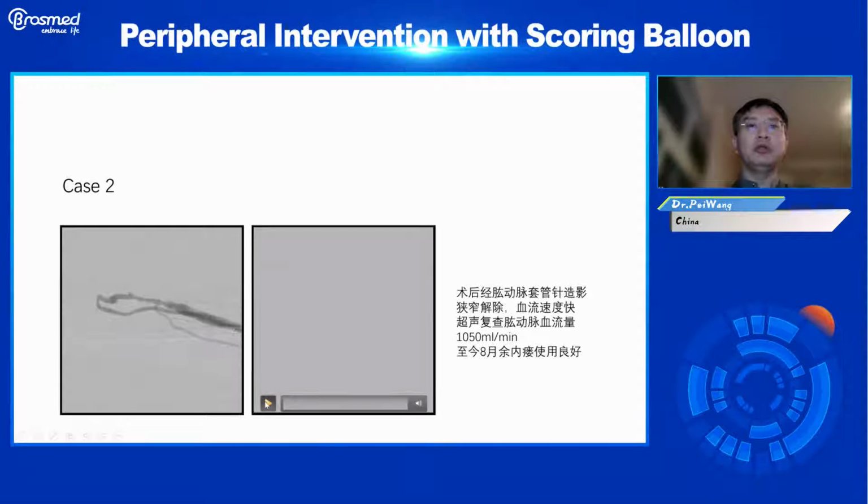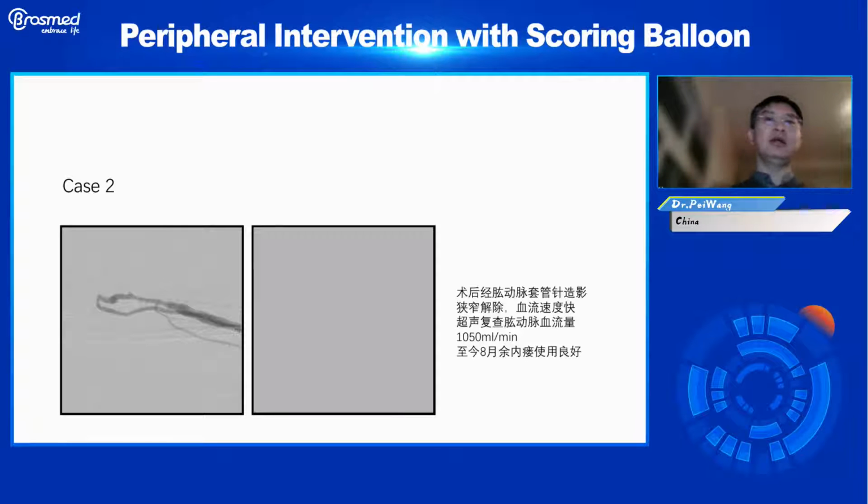After the treatment, after the dilation, with the humeral artery catheter, we made a run. So the dilation effects were good. The stenosis was relieved. The blood volume was good. It was 1,050 ml per minute, and up to now it has been 8 months.